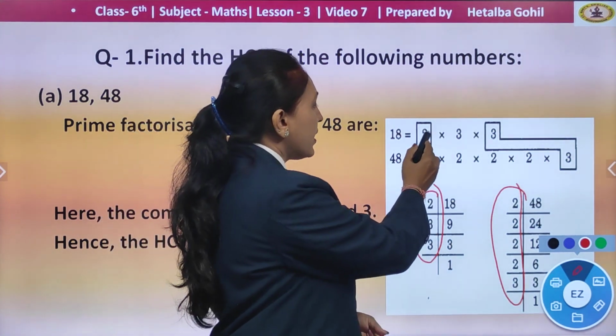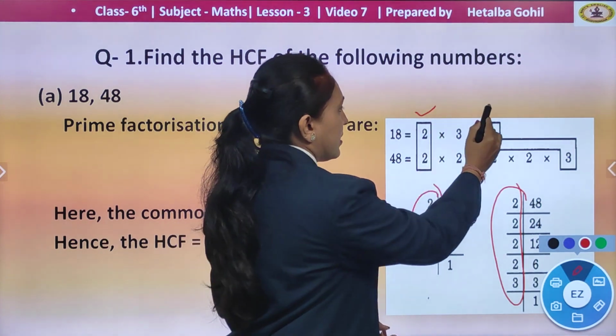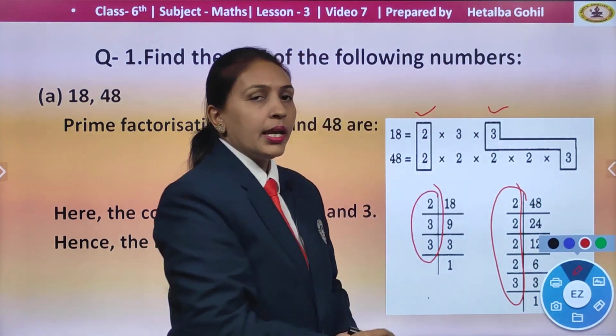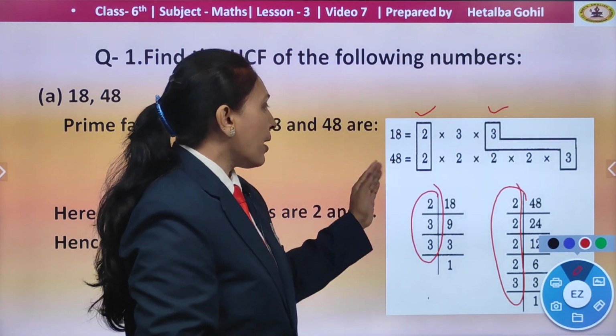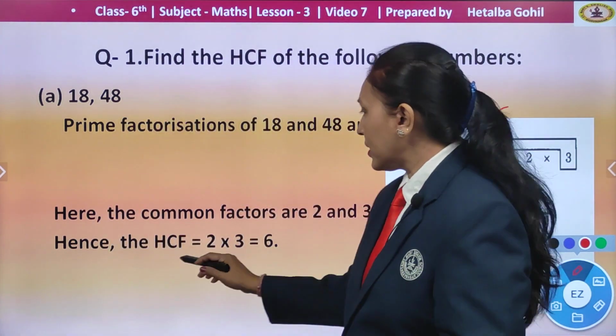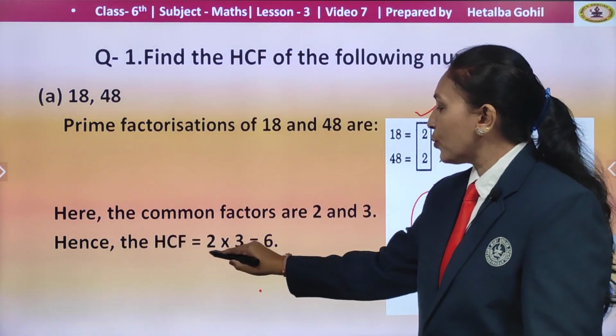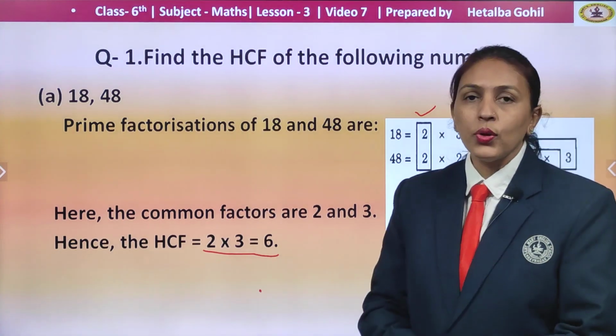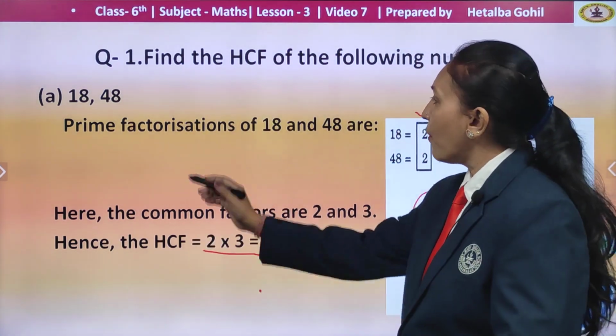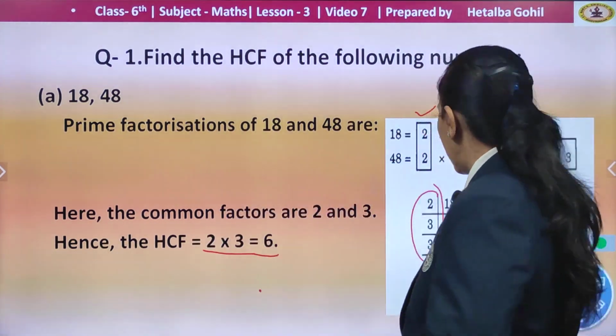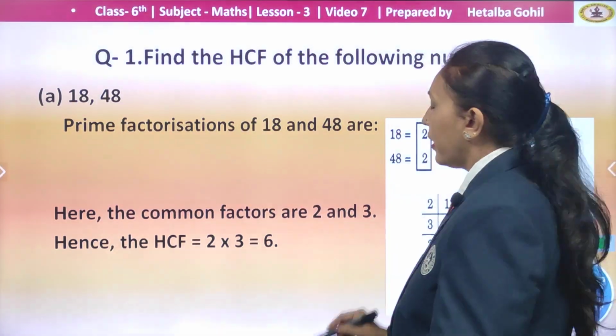Here you can see you have only two in common, that is 2 and 3, in 18 and 48. So what will be the HCF? HCF will be 2 into 3, which is equal to 6. So HCF of 18 and 48 is nothing but 6 over here.